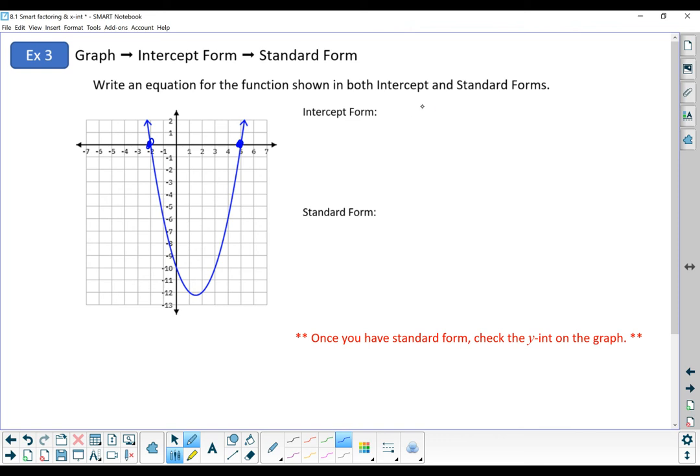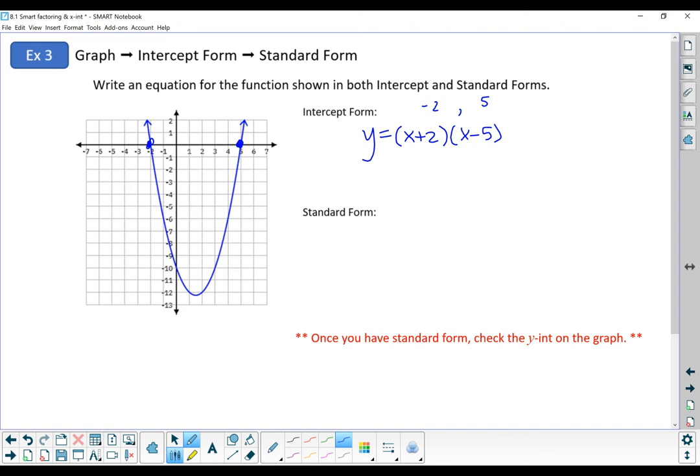The intercepts are occurring at -2 and at +5. So each one of those corresponds with one of the factors of the function. X plus 2 and x minus 5 are the 2 factors of this function. So we just need to put a y equals, and we have intercept form of our function.